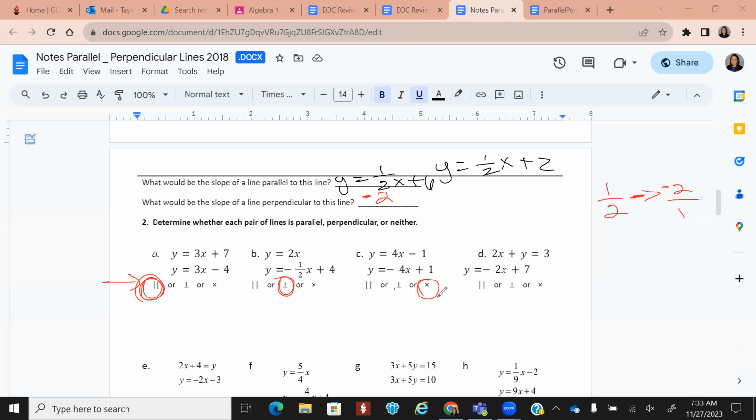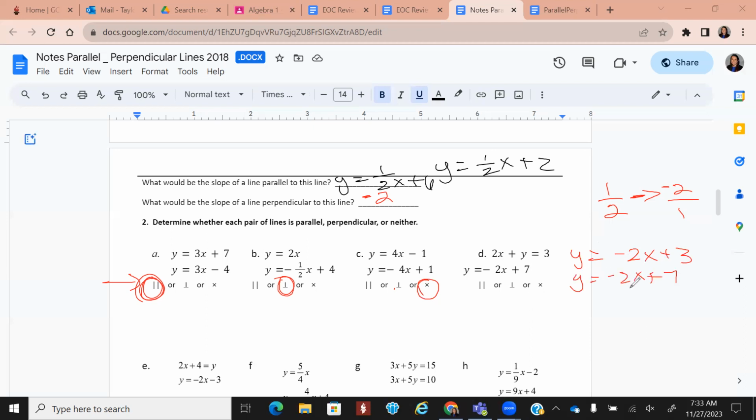Okay, so here's where it starts to get a little tricky, when it's not in the same format. What you have to do first is rewrite it in y equals mx plus b form. Looking at this top one, it's not in y equals mx plus b, but the second one is. So we need to move this 2x to the other side by subtracting, and that would give us y equals negative 2x plus 3.